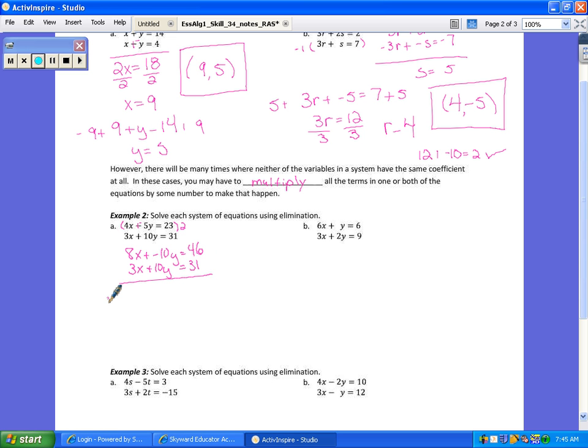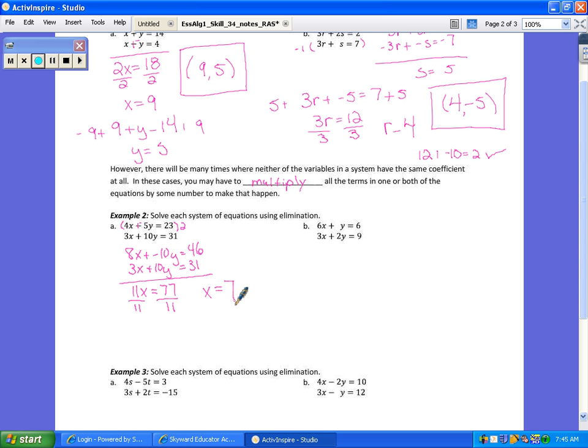Now if I add straight down, I get 11x equals 77. So I'm going to divide both sides by 11, and I get x equals 7.